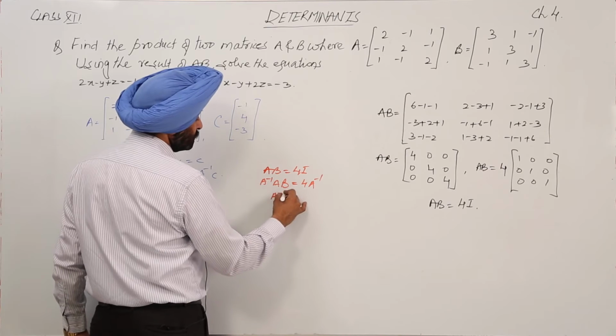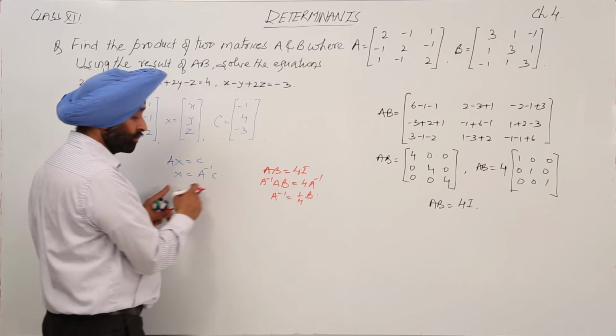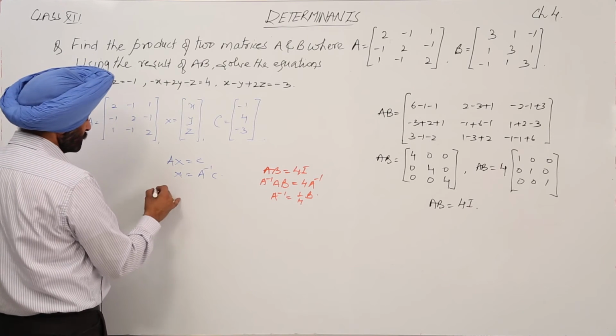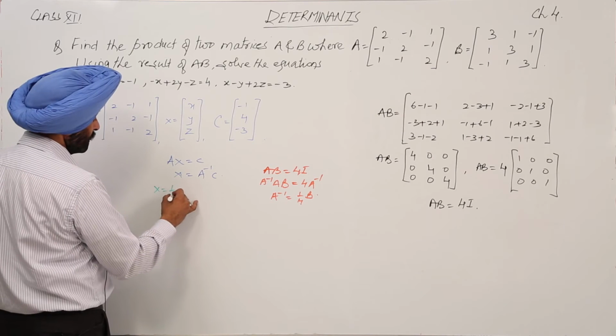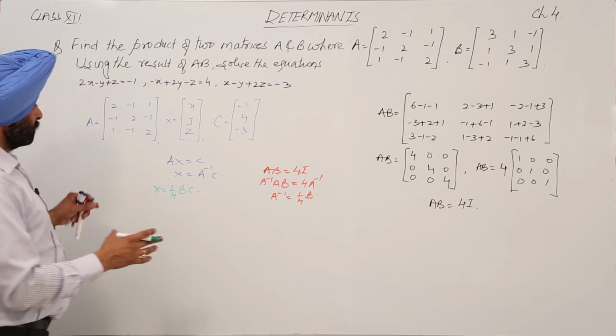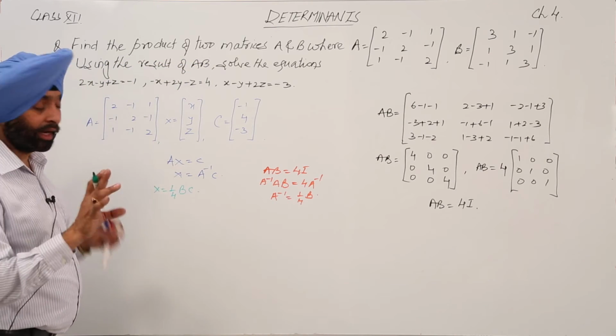Now A inverse will be 1 upon 4 B. Okay, now this value we are going to put here. So here we get X is equal to 1 by 4 B C. We have used this step for A inverse, we have not found the adjoint.